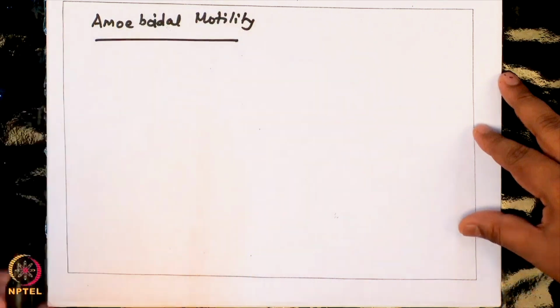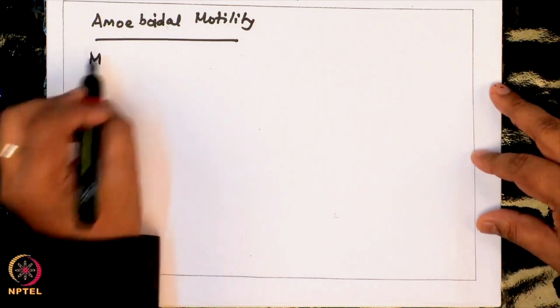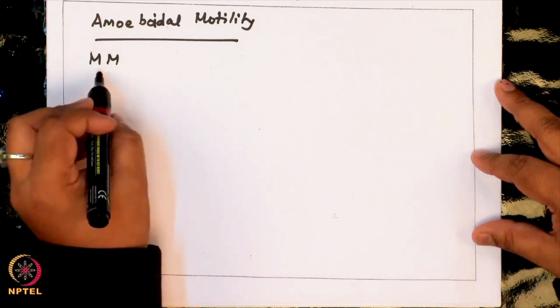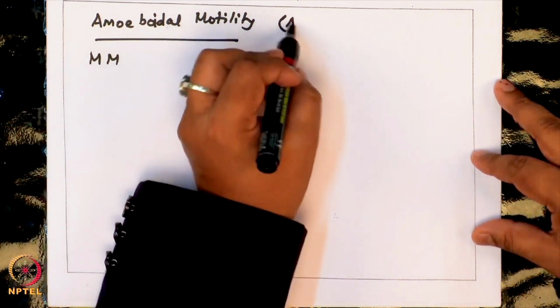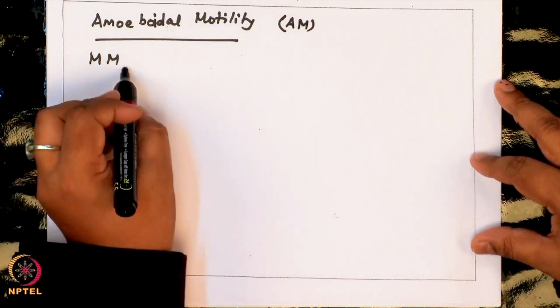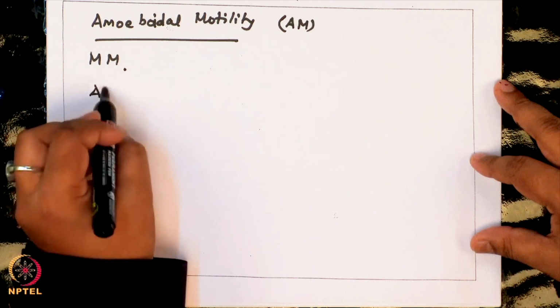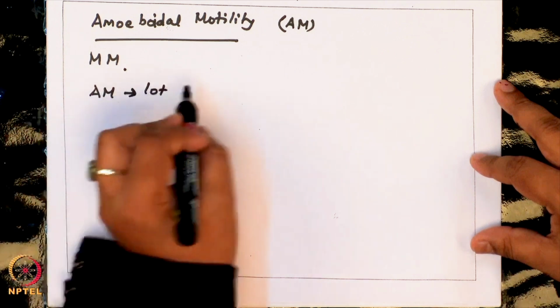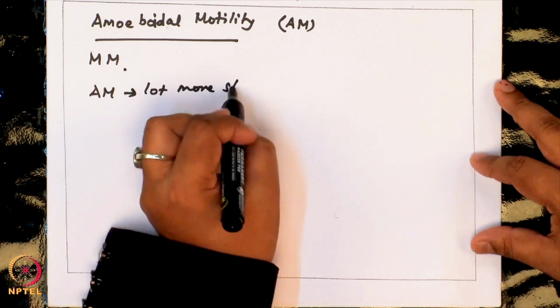Compared to mesenchymal migration, so I am just writing MM, and this is AM. MM is adhesion dependent, while in AM you have a lot more shape changes.